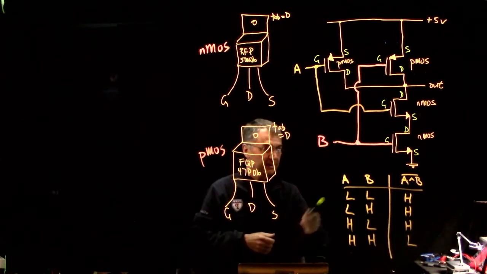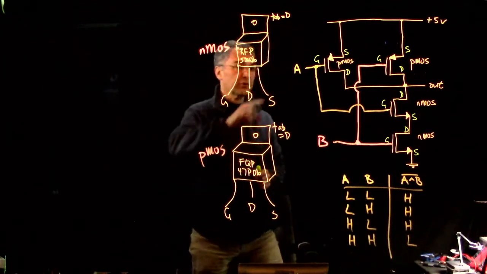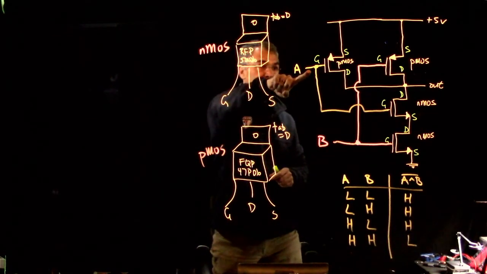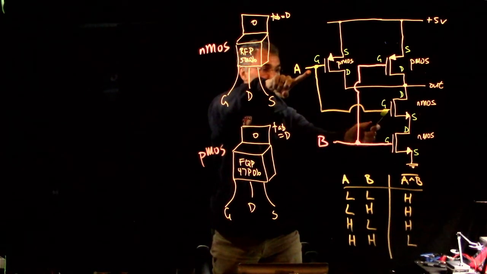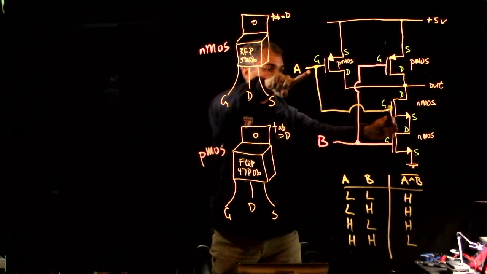So let's see what happens if we have both inputs low. So if A is low, then this NMOSFET is off. So if this NMOSFET is off, then we cannot have a low impedance connection to ground because these two are basically in series. Okay, so then the question is, can we have a low impedance connection to +5?